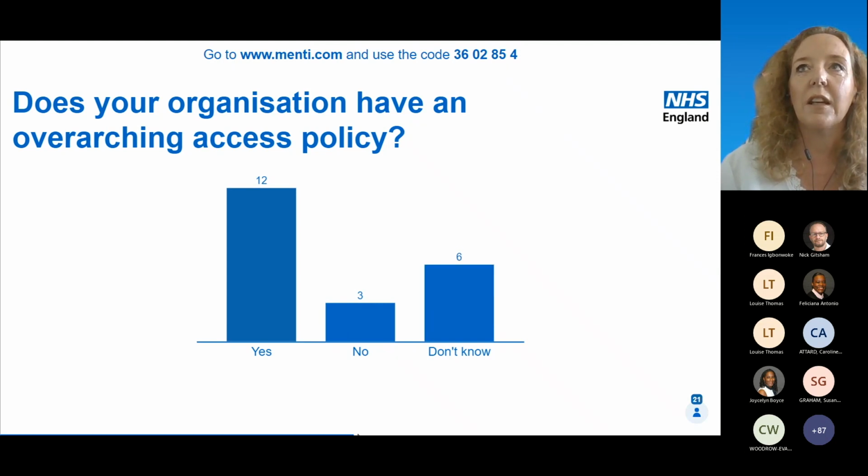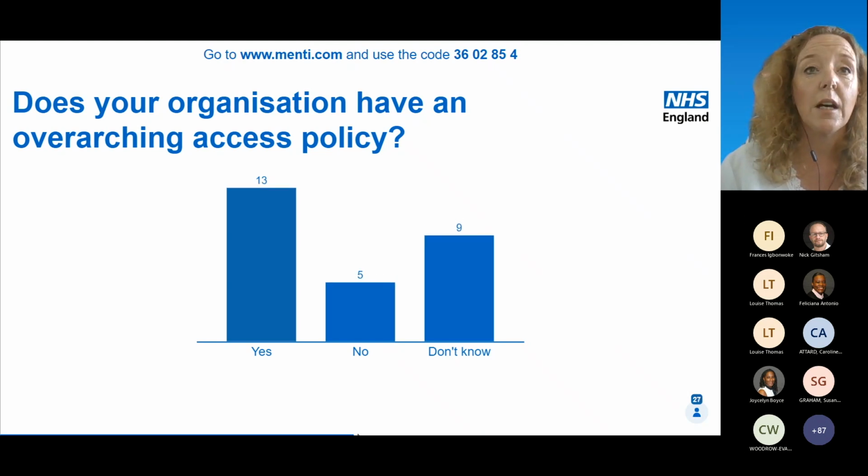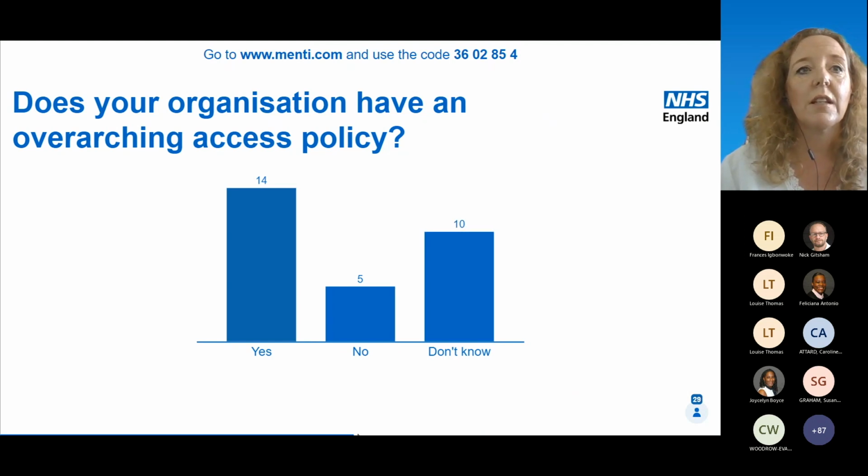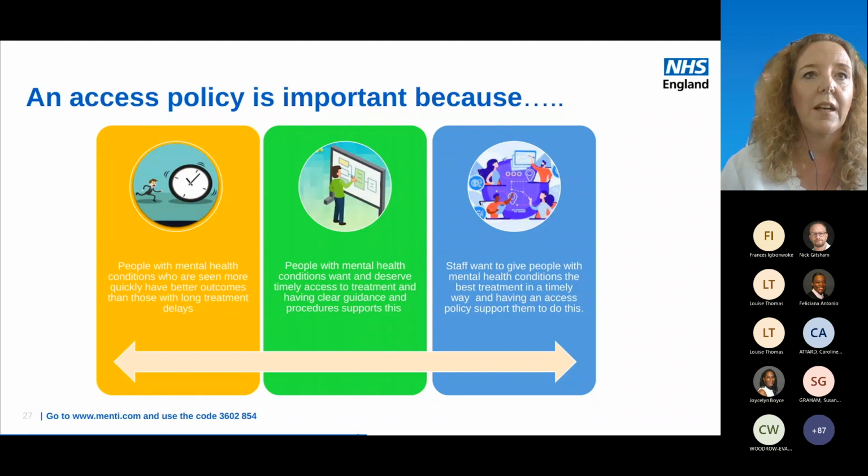So that's definitely an improvement on what our experience has been previously. We've got some don't knows and we've got some no's, but actually, which is really good news, we are winning out on 14 yeses. That's great. Okay, I think we've stabilised at 14, 5 and 10. Okay, thank you.